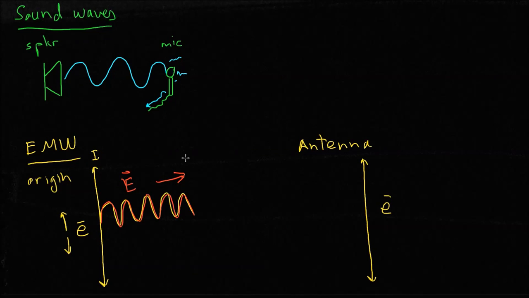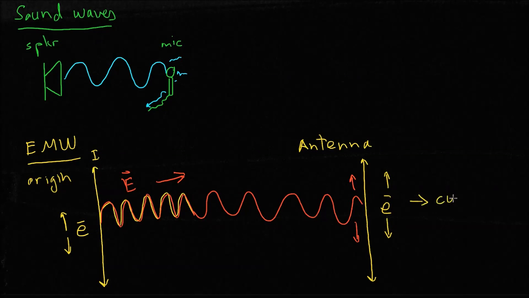And when our travelling electric field hits that wire, that electric field moves the electrons in the wire up and down, and the movement of those electrons is measured as an electric current in the wire. So just as the wave was created by a current moving in a wire, we can also detect that wave at our antenna because it induces a similar current in the wire.